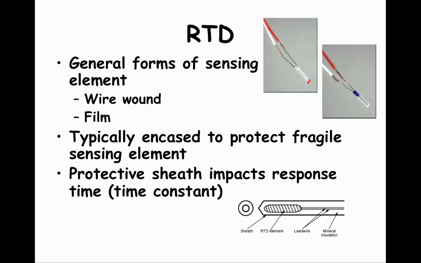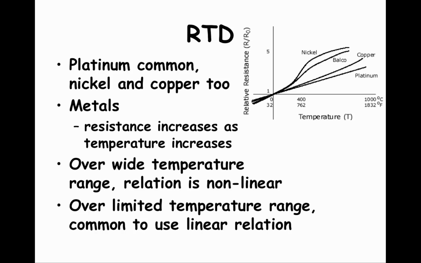The sheath provides protection, but it adds mass to the sensor, which will impact the sensor's response time. The metals used are platinum, nickel, and copper. With these metals, the resistance increases as temperature increases.